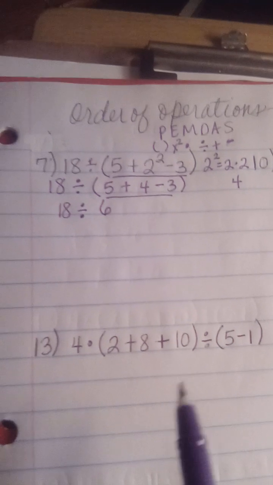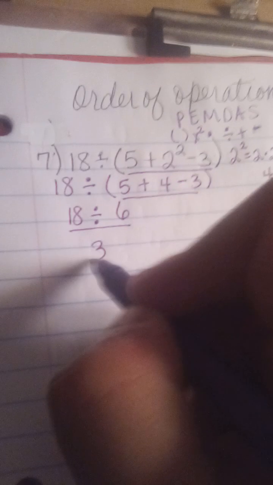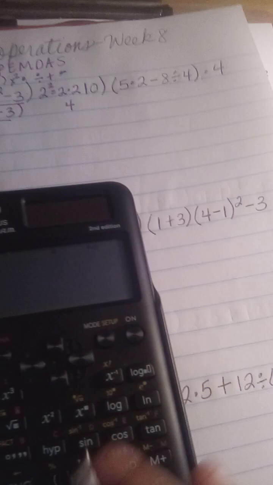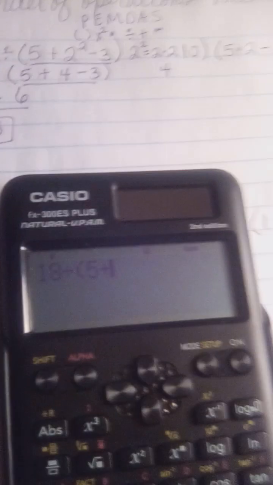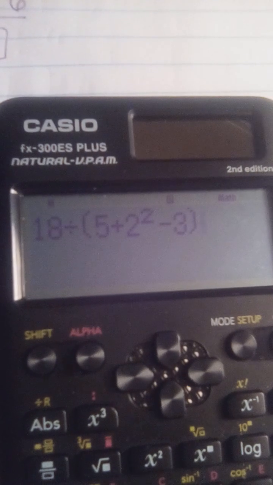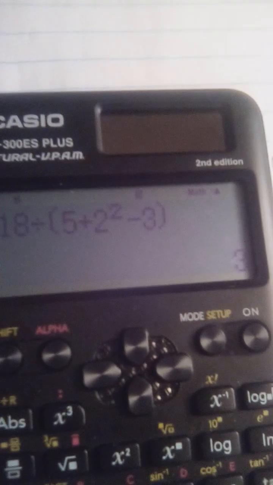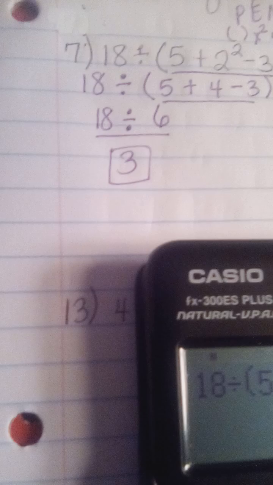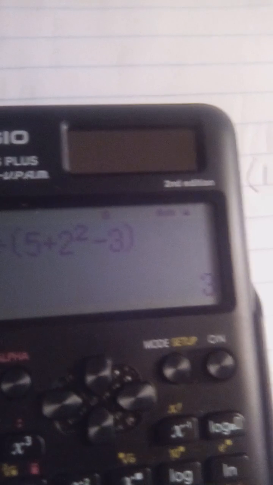Okay. Now we're in the last part. We divide 18 divided by 6. That gives us 3. Let's check our answer. You see that? Does it match? Yes.